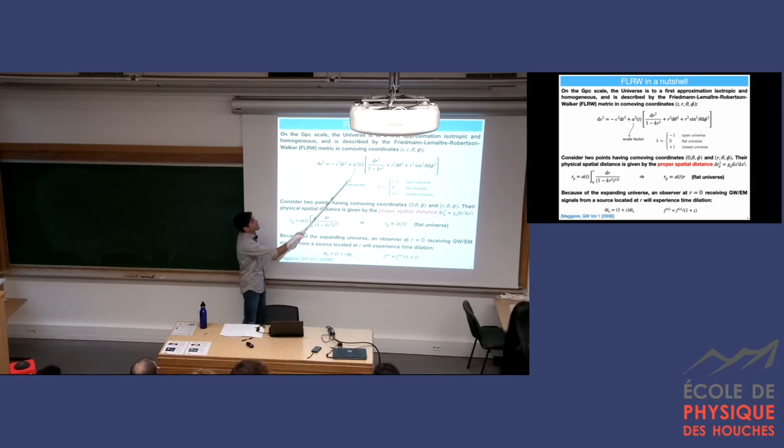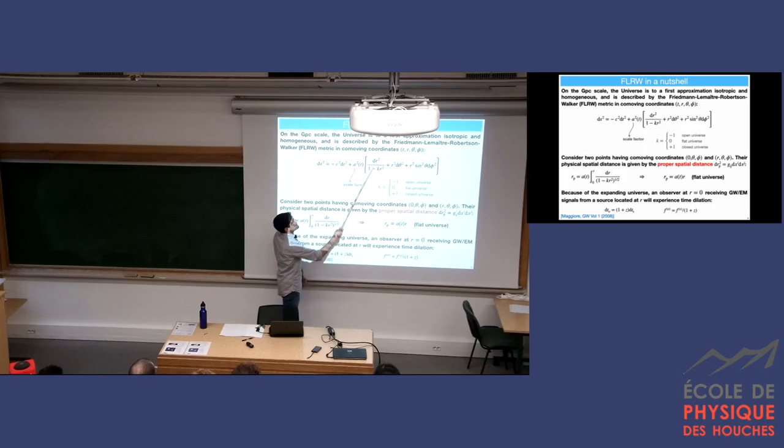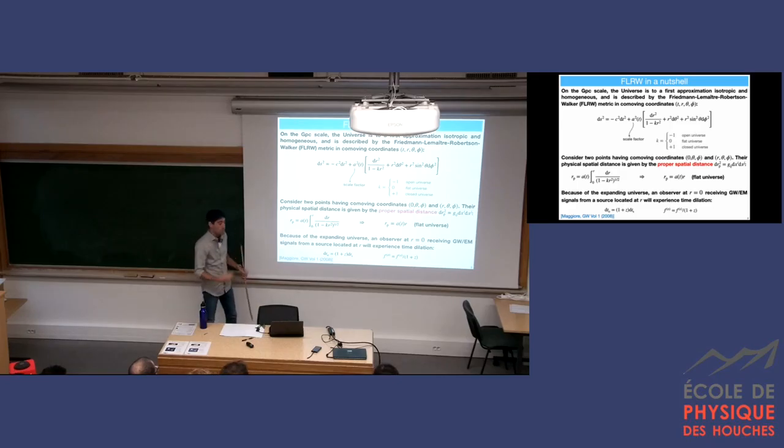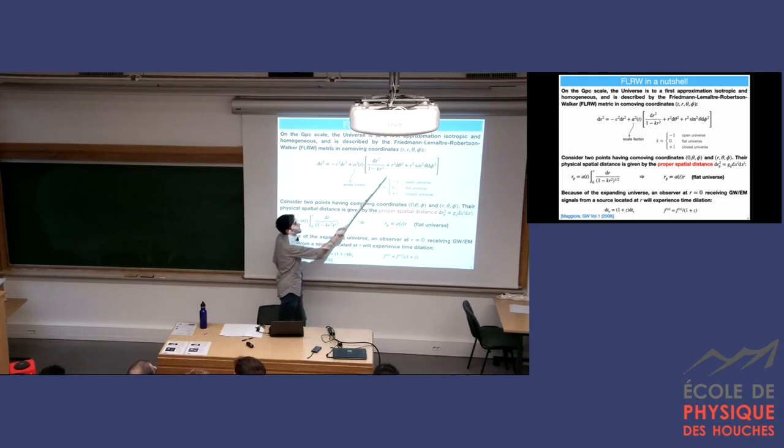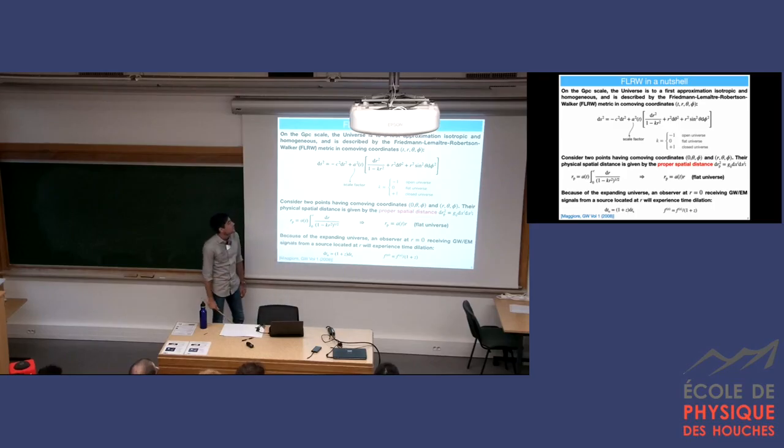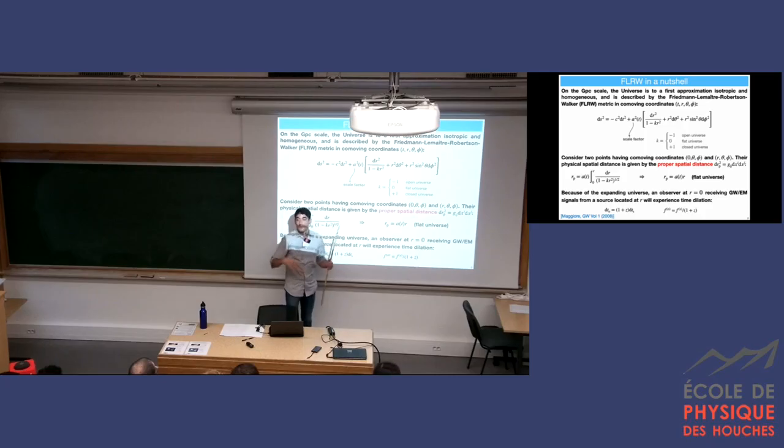Notice also that this function is basically a factor which multiplies the three spatial comoving coordinates. Then we have a radial component, and then we have theta and phi, which are the usual angles that we use. k here is a parameter which describes the geometry. In general, we can have three kinds of geometries: an open universe, a flat universe, and a closed universe.